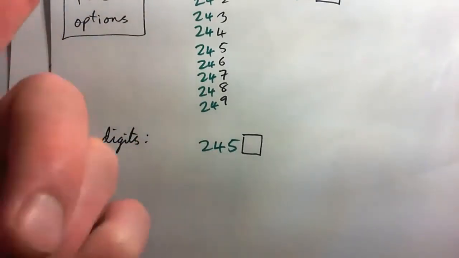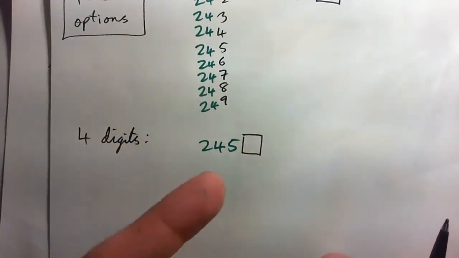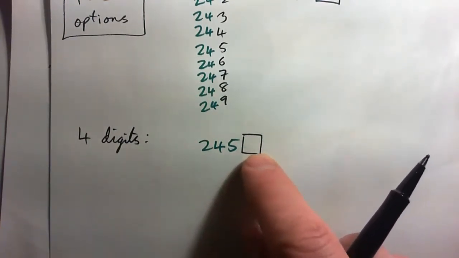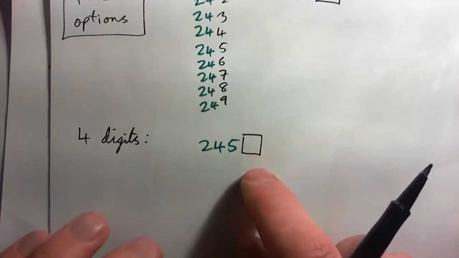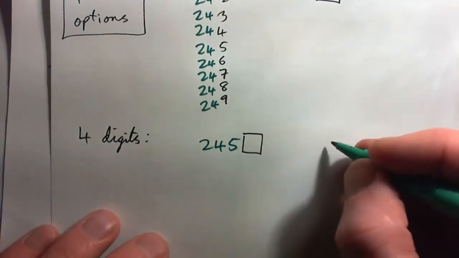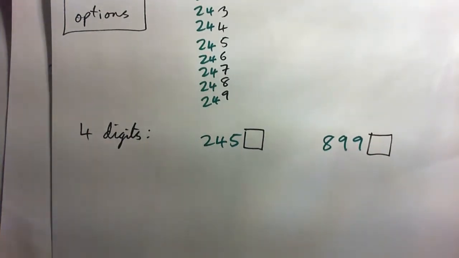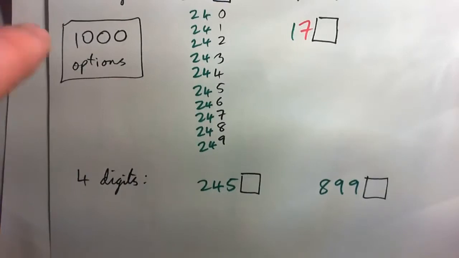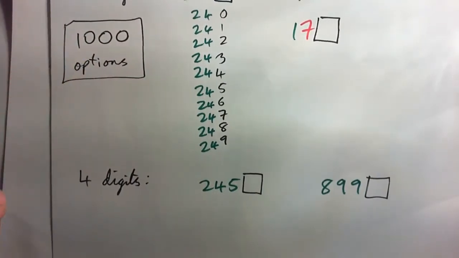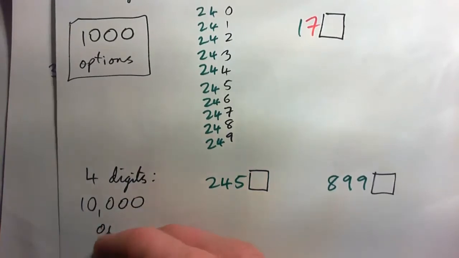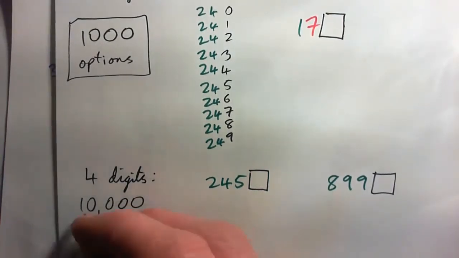So picking any 3-digit option, I can add on any digit from 0 through 9, and that gives me 10 new options for 4 digits, right? So here's another one. You could have 899 and then add on another digit, and that's 10 new ones. And so for every one of our 1,000 3-digit options, we can add on a digit to get 10,000 options for 4 digits in a row. Okay?